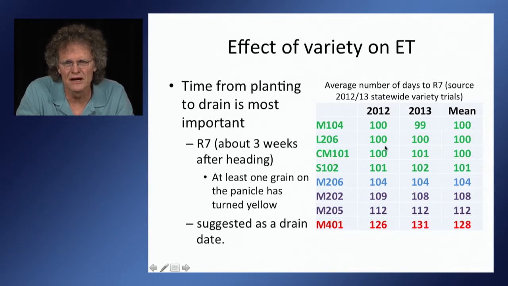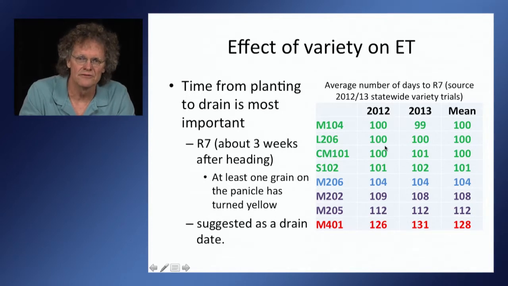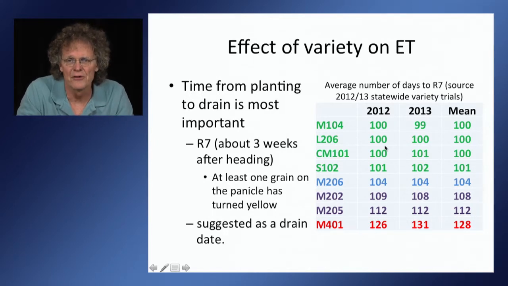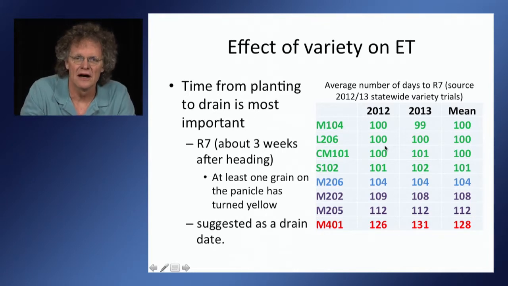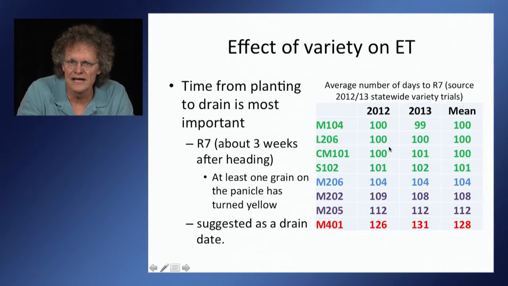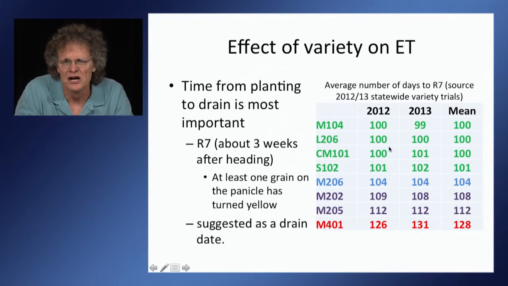And so over the past few years we've had a number of experiments where we're monitoring varietal developmental progression throughout the state in 6 or 7 trials in each year. What I've done here on this table is simply put the days from planting to R7 for each of these varieties.